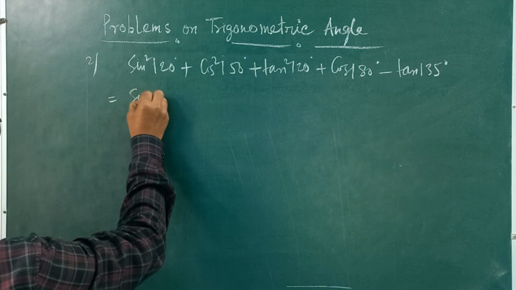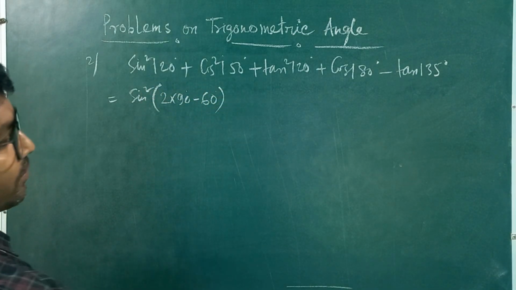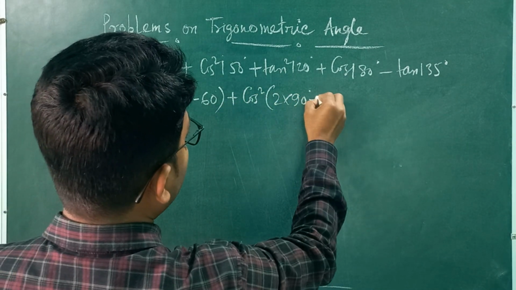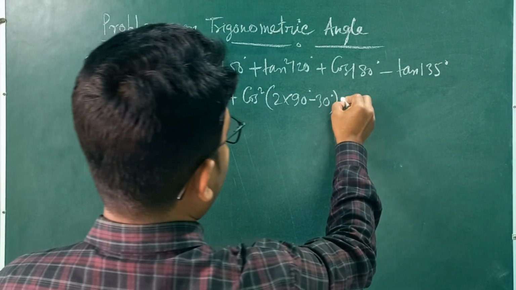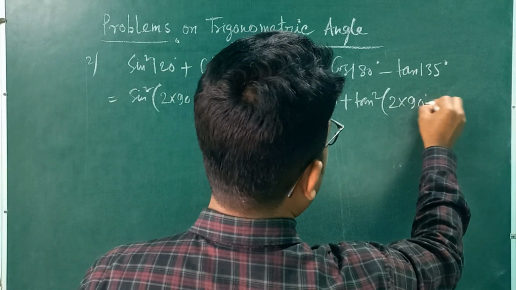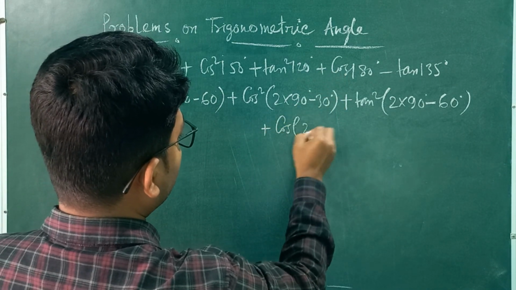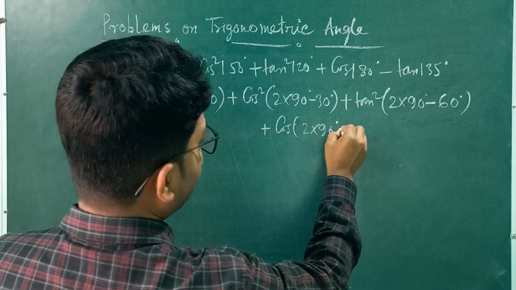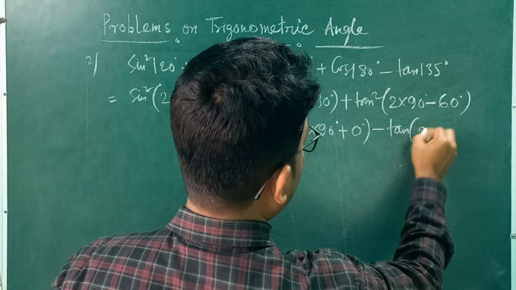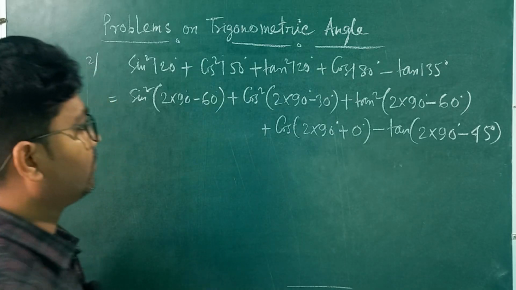So this becomes sin square 2 into 90 minus 60, cos square 2 into 90 minus 30, tan square 2 into 90 minus 60, cos 180 means 2 into 90, you can write plus or minus any one, I write here plus 0 degree, minus tan 2 into 90 minus 45 degree. So this is our breaking.